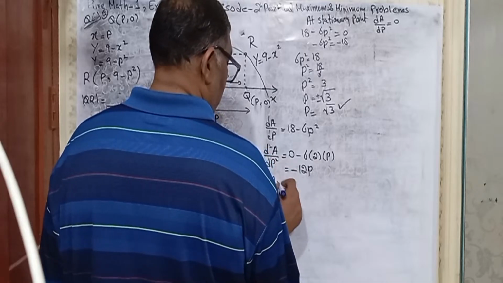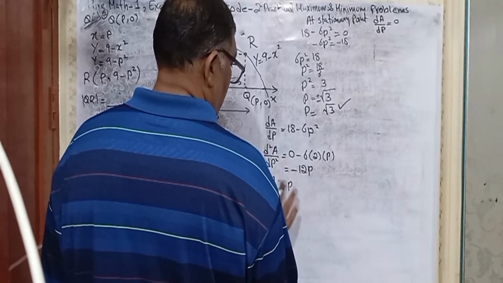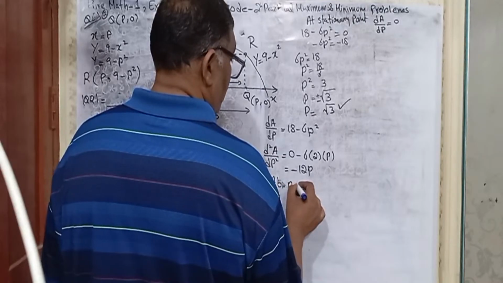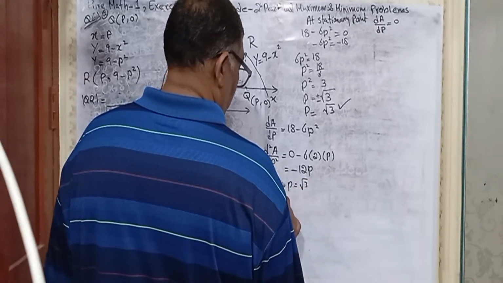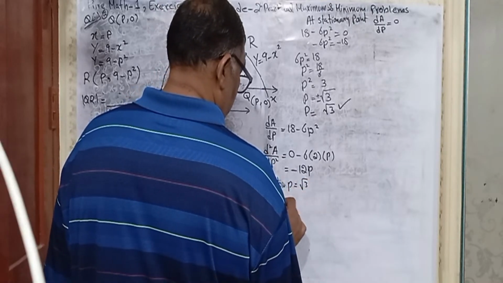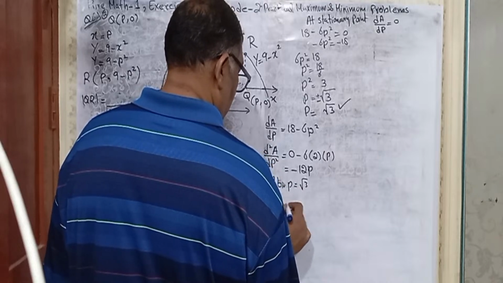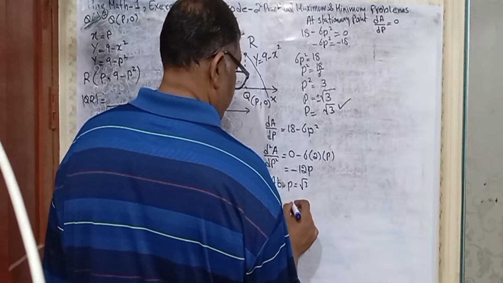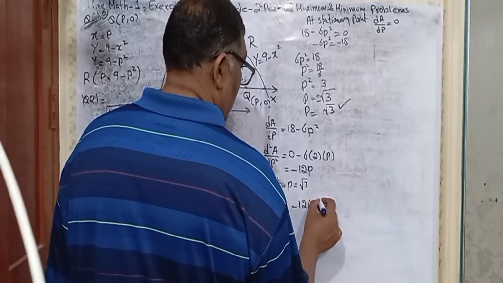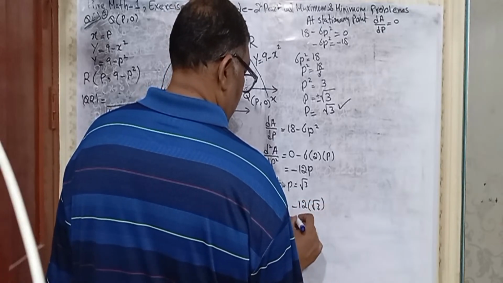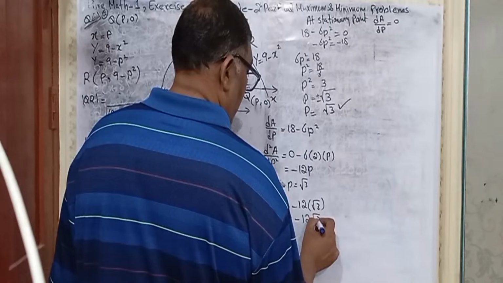So at P equals to under root 3, the d square A by dP square, you will have minus 12 into under root 3, that is minus 12 under root 3.